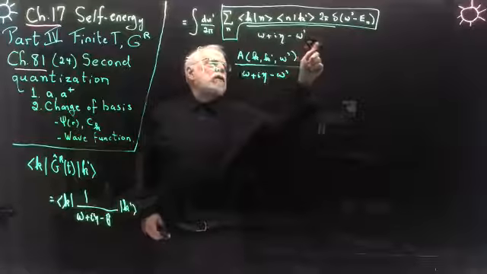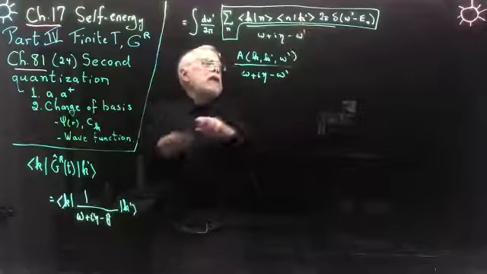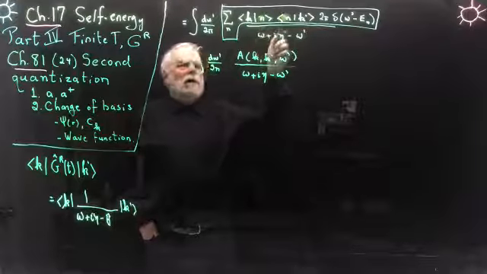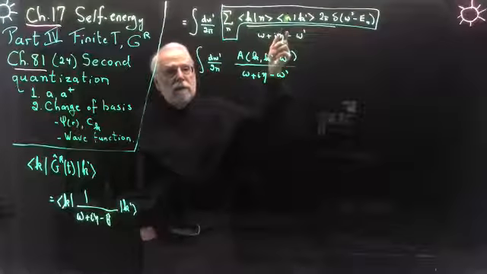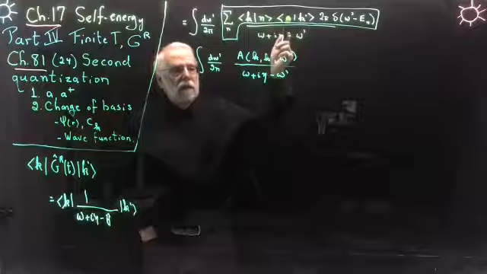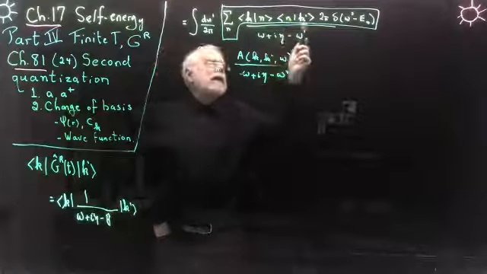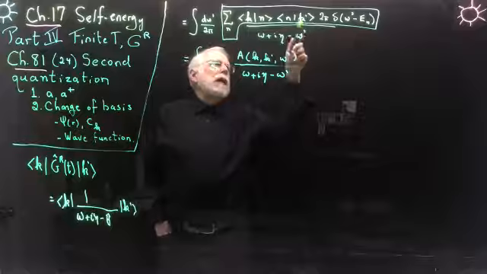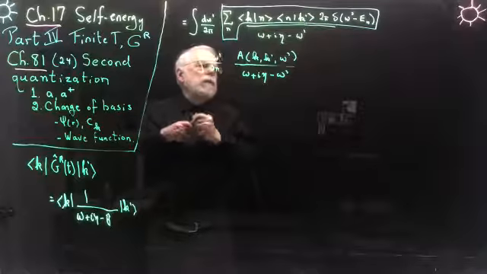If k are good quantum numbers, it means that these eigenstates n here are momentum eigenstates. They are k. So basically I will have just one value coming out, the value for k equals k prime.